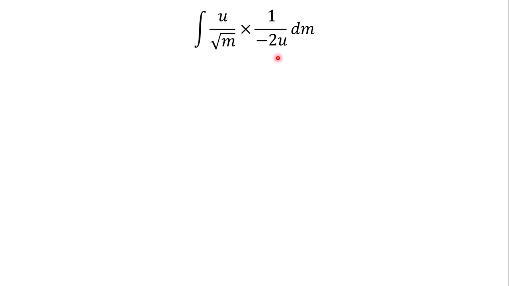Good. Here we have u here, and we also have another u here. So this one and this one will cancel out, and we are left with 1 over square root of m multiplied by 1 over minus 2 dm. Now this 1 over minus 2 is a constant, so let's bring it out in front of the integral sign.